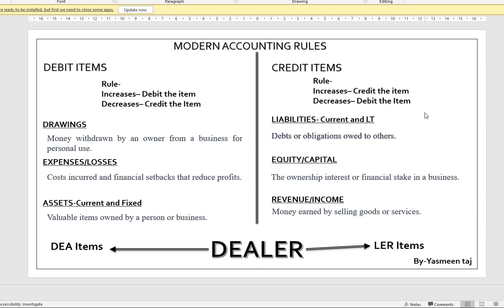Current assets are short-term assets, and fixed assets are long-term assets, which are used for more than 1 year. Liabilities are the debts or obligations owed to others that the business or a person has to pay, which are payable in nature. They are current liabilities, within 1 year, and long-term liabilities, more than 1 year.